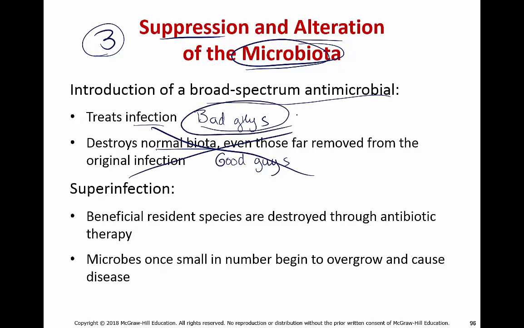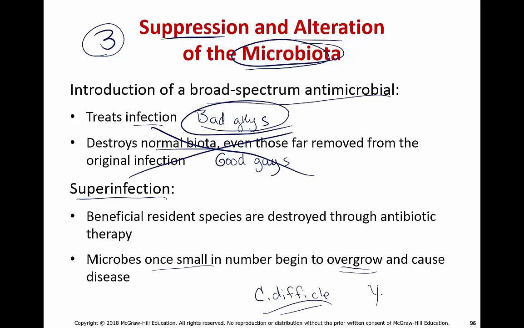So they take over, and they don't have any competition. And since there's no competition, they just grow out of control, which is called a superinfection. So when the microbes that were once small in number begin to overgrow and cause disease, like a C. diff infection, which is oftentimes caused by a superinfection.